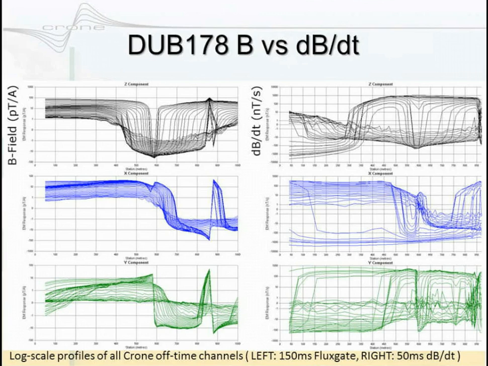So you might miss something entirely by just doing Fluxgate in this case. So you have to pick your instrumentation, and you have to pick all your parameters carefully when doing a survey.